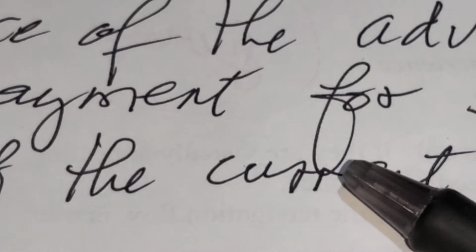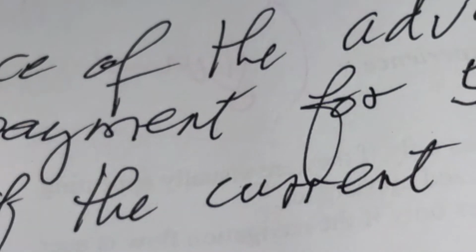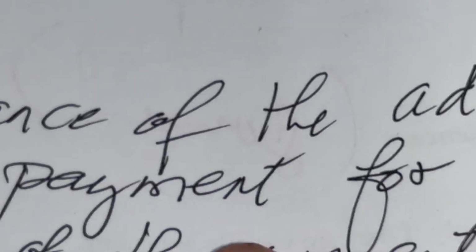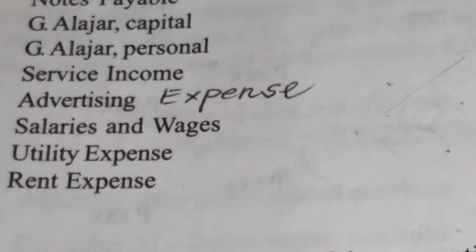From September 1 to October 1, October 1 to November 1, November 1 to December 1, December 1 to December 31, that is only four months, so one month is extra. The payment is for 5 months, but only four should be expensed as of December 31.